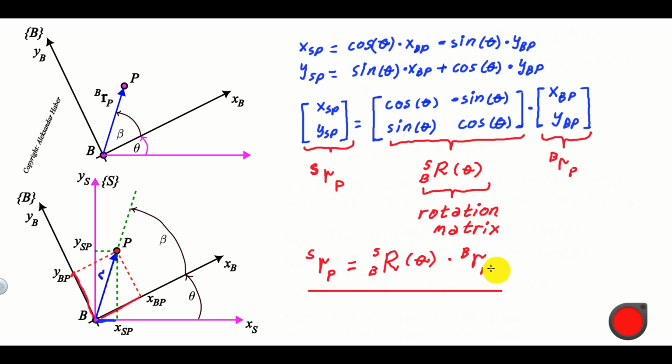This equation will actually take the coordinates of the point P, that is, it will take this vector, then it will multiply this vector by this rotation matrix, and it will produce the coordinates of this point P in the coordinate frame S.